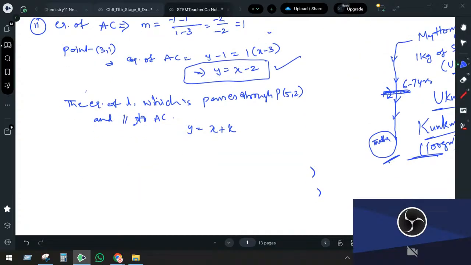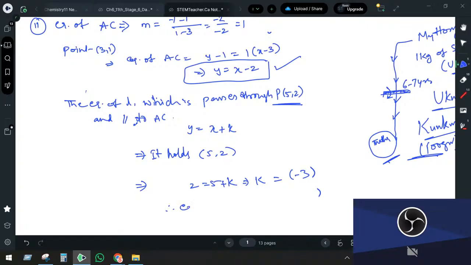You change the 2. We have to change the constant. Two parallel lines differ by a constant. So y = x + k. It passes through 5 comma 2, so it holds for the point (5, 2). Substituting, 2 = 5 + k, which implies k = -3.